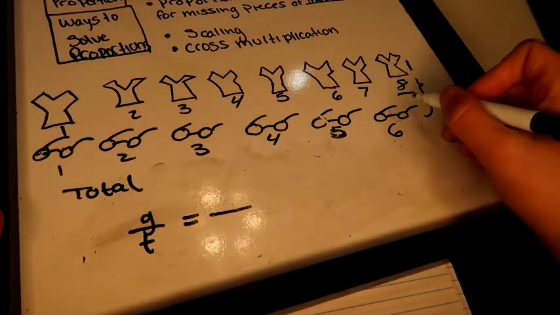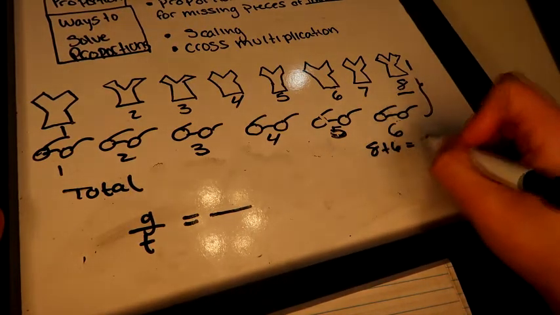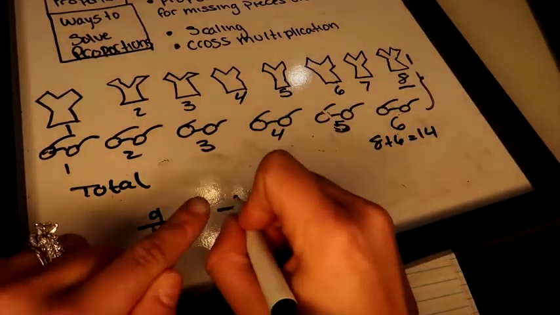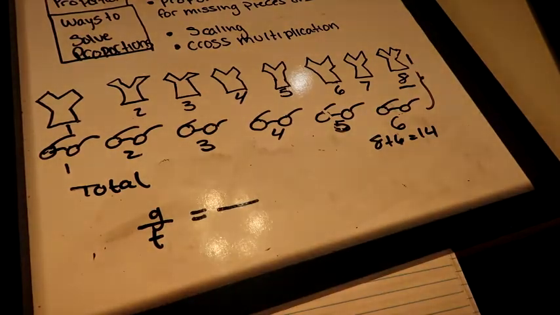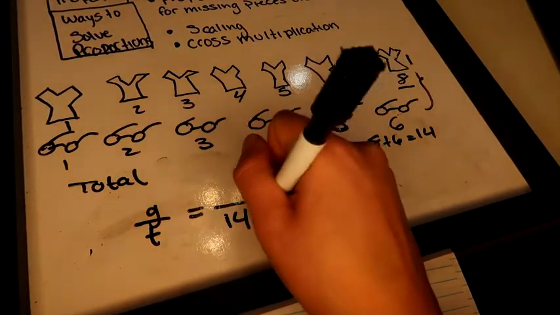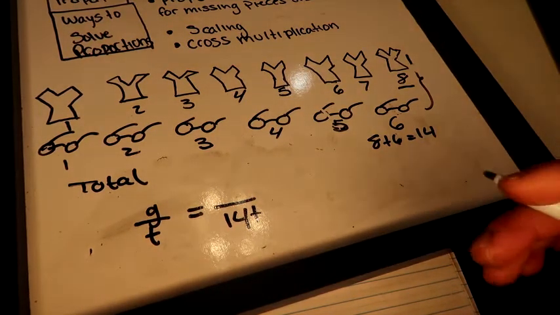So 8 plus 6 equals 14. Do I put that on the goggle side or the total side? Yeah, we're going to put that on my total side. So I'm going to put 14 T, just to keep it nice and organized.